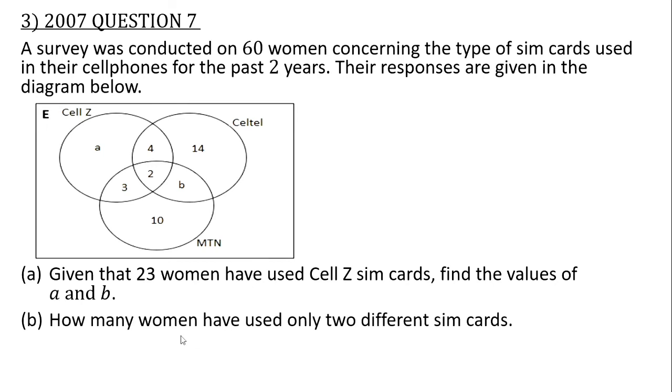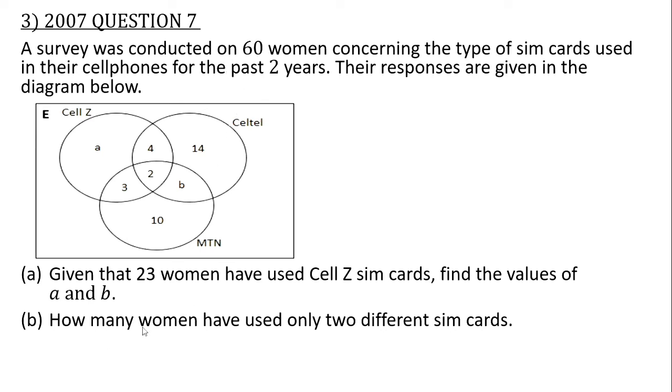When we find the value of A, we'll replace it here and then find the value of B, because we know that there were 60 women in the survey.